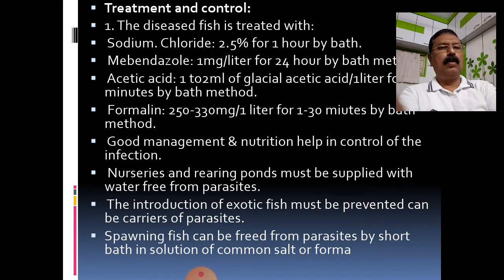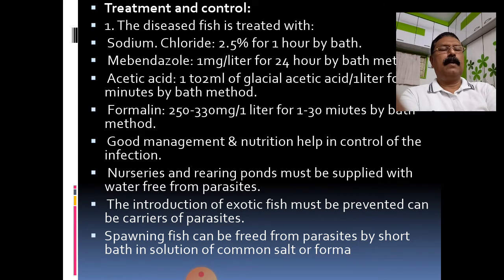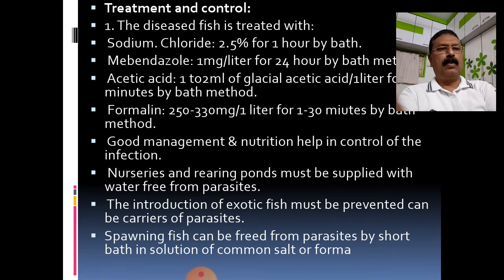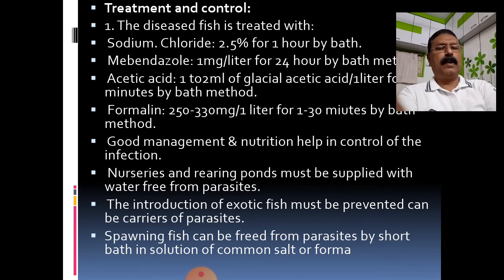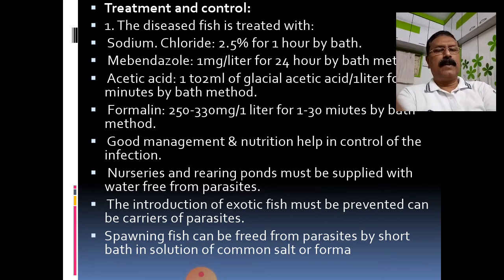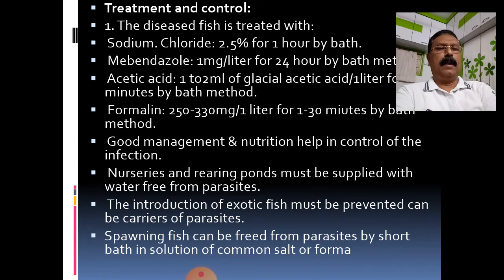That means you have to give a bath of formalin to the infected fishes for about 30 minutes. Dear friends, you can also use potassium permanganate. So potassium permanganate, sodium chloride, mebendazole, acetic acid, and formalin are some of the chemicals by which we can control the infection of this Gyrodactylus.